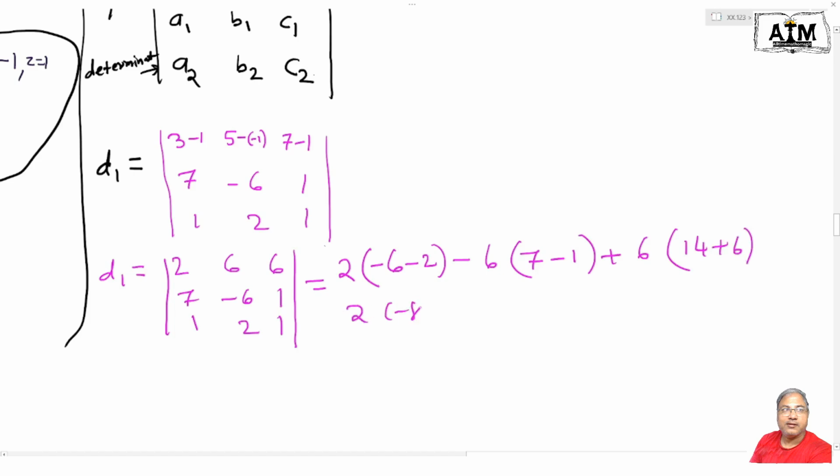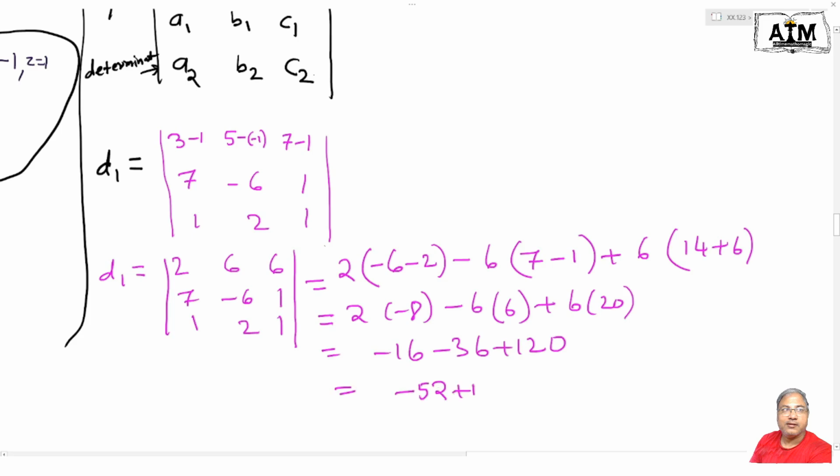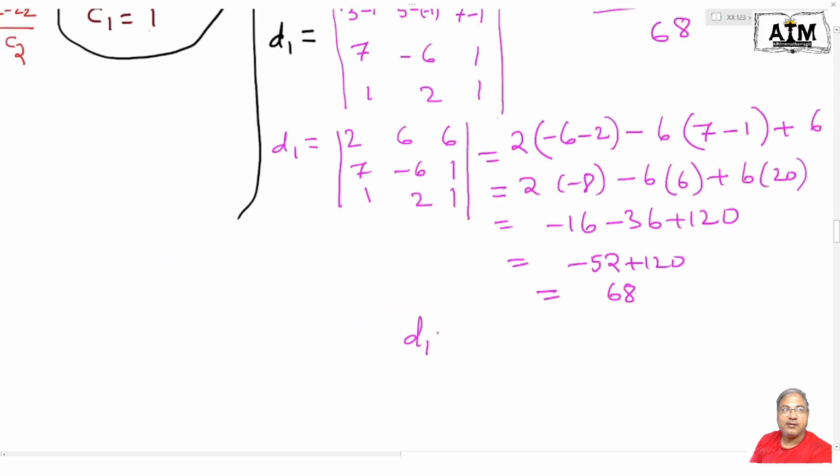So 2 times -8, minus 6 times 6, plus 6 times 20. This equals -16 minus 36 plus 120. So -52 plus 120, subtract them, and this equals 68. Therefore, d1 equals 68.